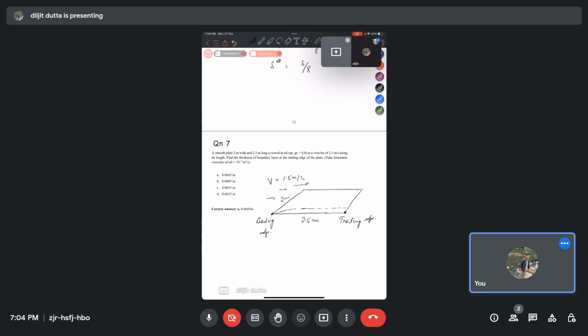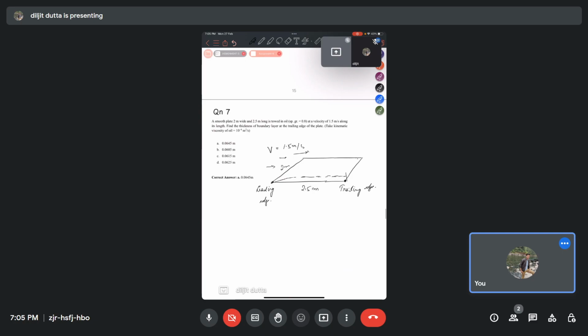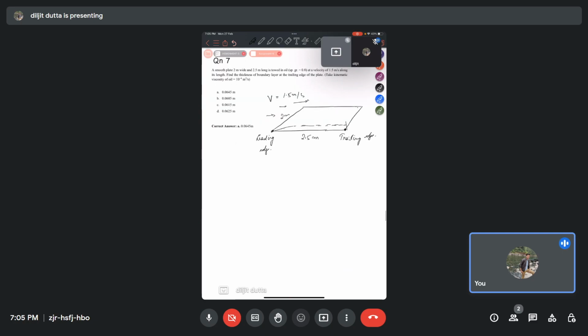So if we take this as the boundary layer, to get the height of the boundary layer, we first have to identify if it's a laminar boundary layer, or a turbulent one, or it is shifting from laminar to turbulent in between. So to first get that, we need to identify the Reynolds number.